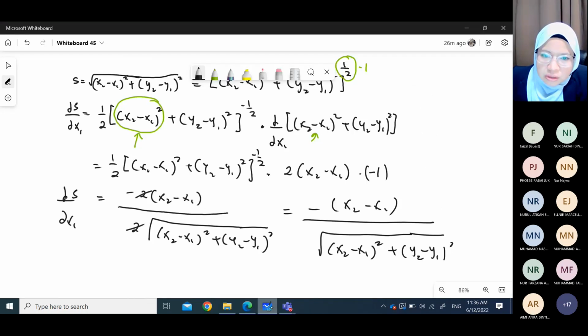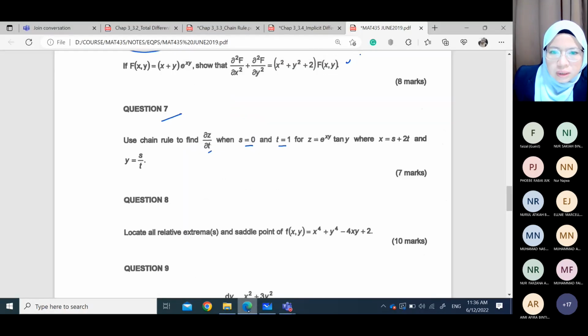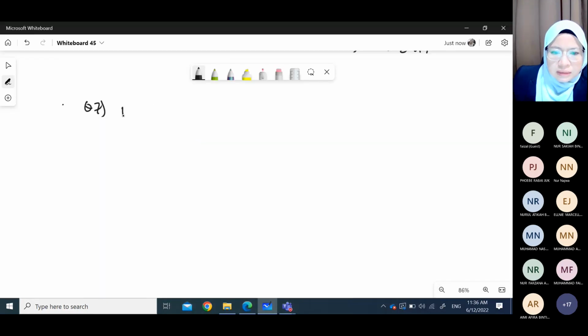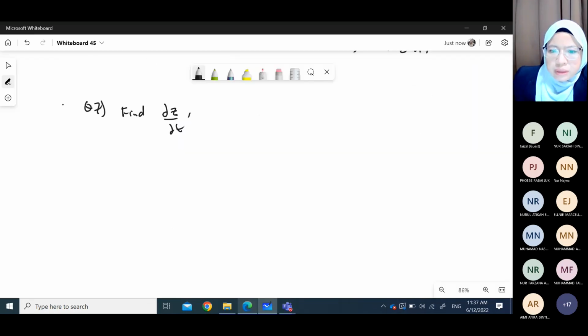Okay, so kita try buat ni question 7. Mana soalan ni? Okay, so find del z del t. So s is 0, t equals to 1.